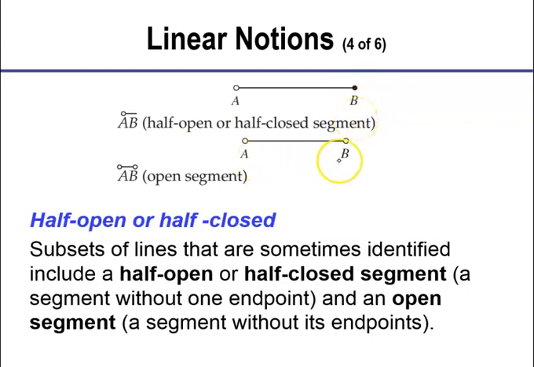Whereas the second line segment pictured, A, that point is not included and neither is B, so we call that an open line segment. So most line segments, when you're speaking of a line segment, you assume they're closed unless you see or are told it's half open, half closed, or an open segment.